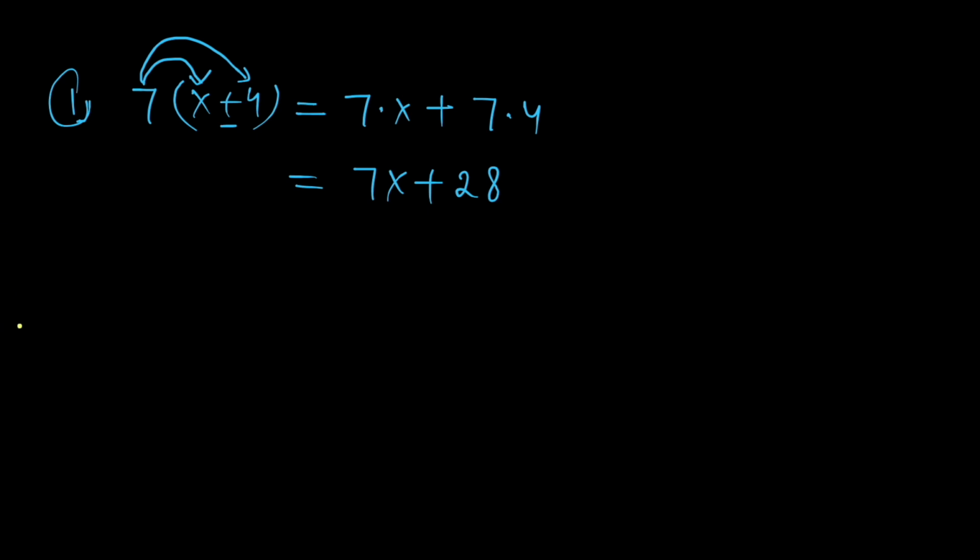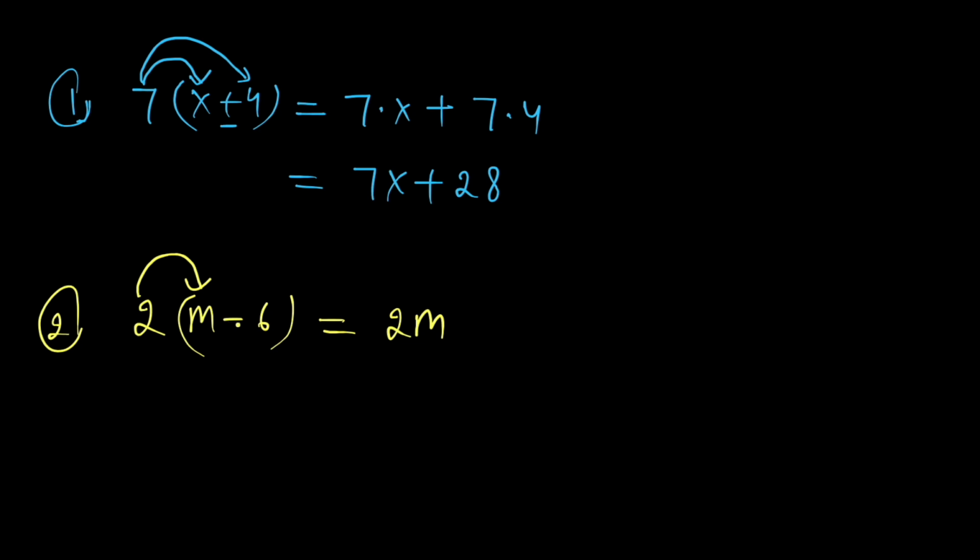Now let me take another question here, in which we are solving 2 times (m - 6). The only difference between the previous question and this one is that now you have a minus sign in the middle. So first multiply again 2 times m, so it's going to be 2m, and then this minus sign will come here, and then you multiply 2 times 6.